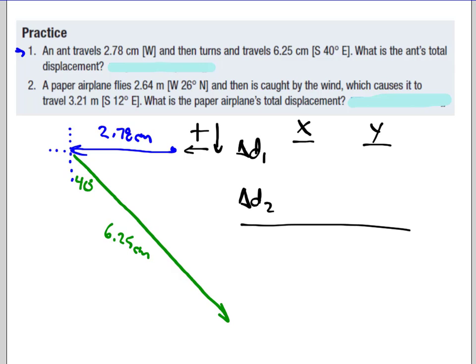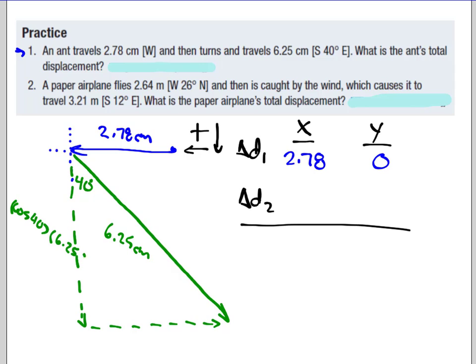It would still work. So when I go to fill this in, my first vector has a positive 2.78 centimeters to the left and 0 in the y direction. My green vector here, if I break it down into its components that have to add, so we're looking at the tip to tail, I have to go down a certain amount, so that is going to be cos 40 times 6.25.